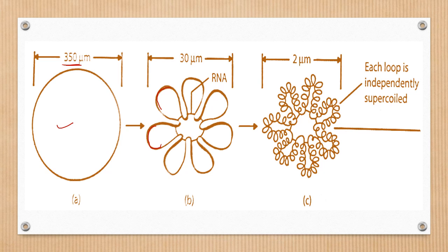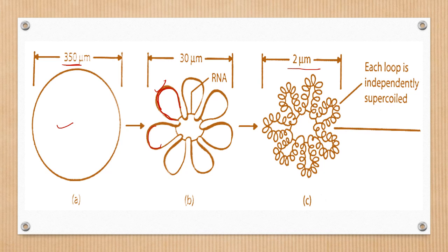These folds are formed along with proteins that have positive charges. Each domain or loop is then supercoiled again, so the 30 micrometers become 2 micrometers.